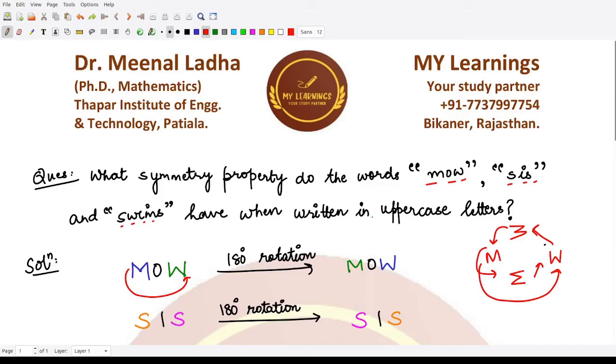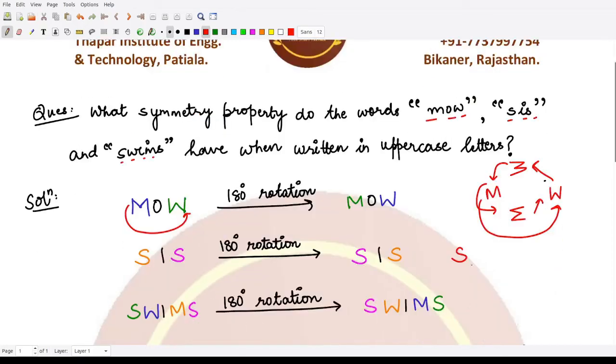What about the word SIS? For the letter S here, when you rotate it, what would happen? It would become like this and then it would go like this, correct? So this would be the cycle for this S. When you rotate it by 180 degrees, this S would remain the same.